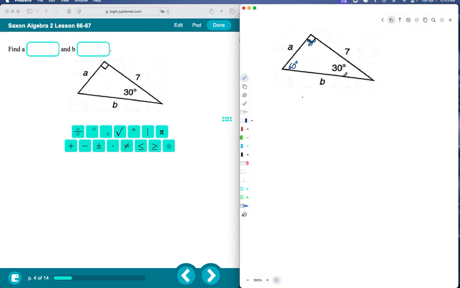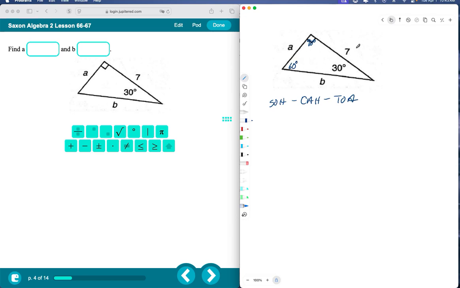I think what I'm going to do is use sine. I think that's going to help me here. So I'm going to use, let's see, toa, that's going to help me. So I've got 30 degrees here, and I don't have any of these measurements.